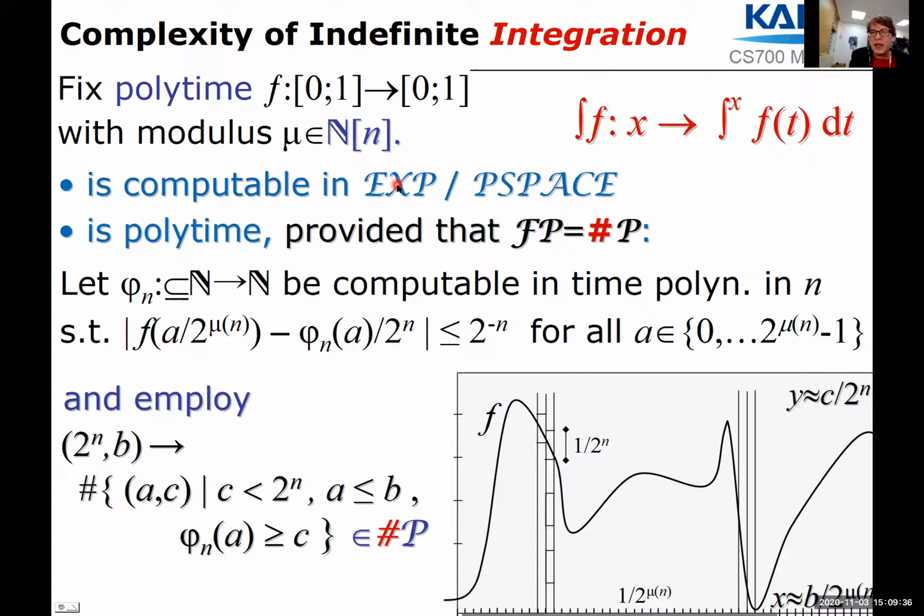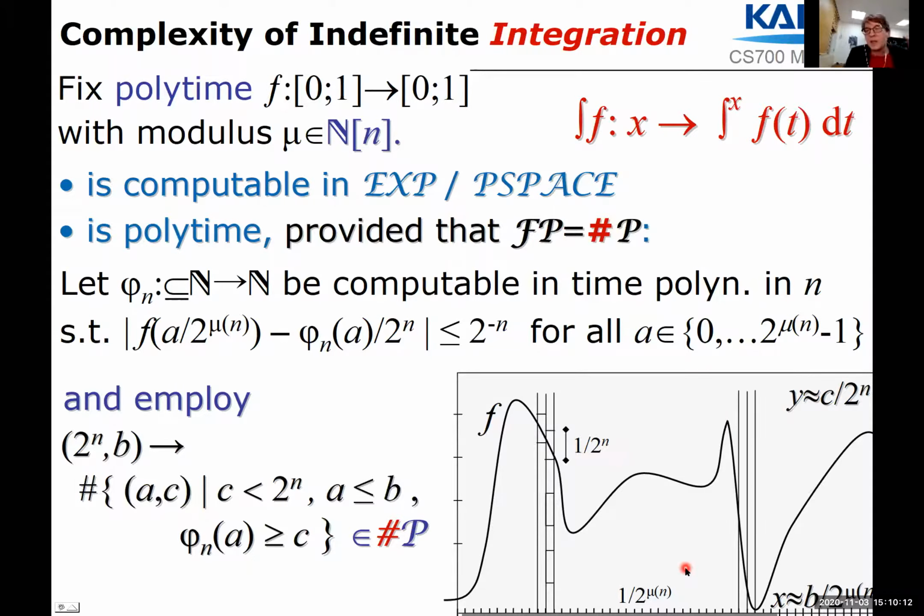And the algorithm and its analysis begin very similar to the maximization algorithm. Namely, we subdivide both the y-axis and the x-axis: the y-axis into subintervals of length 2 to the minus n, because that's how precisely we want to approximate the integral this time, and the x-axis into intervals of width 2 to the minus mu of n, smaller size, where mu is this polynomial modulus of continuity.